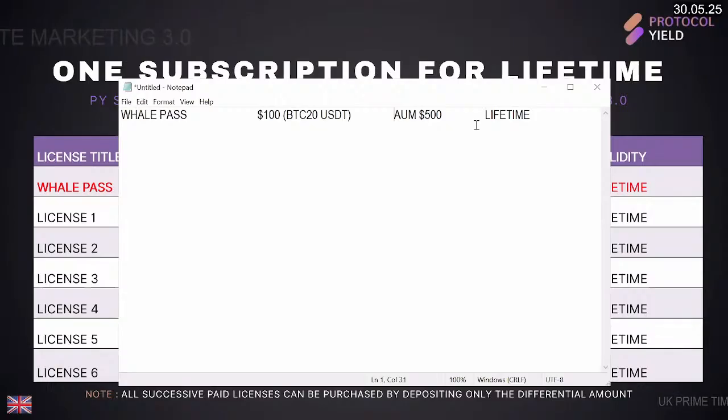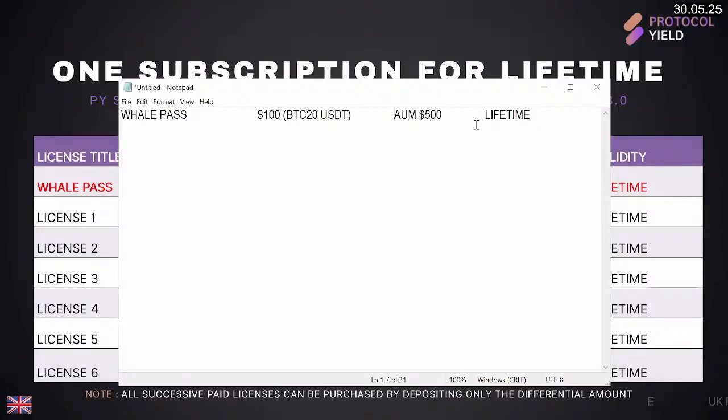for securing future prospects, because whale passes work on coupon management system, and these coupons can still be utilized even when the whale passes have expired.